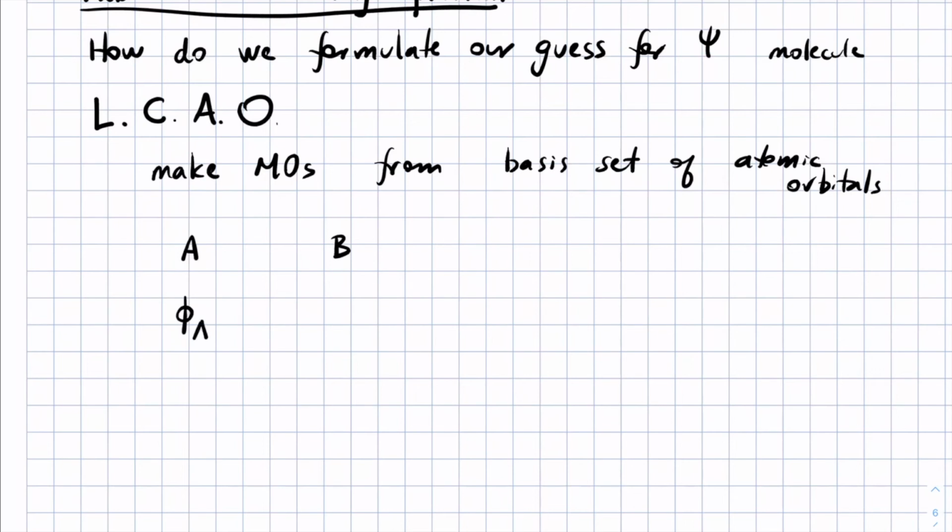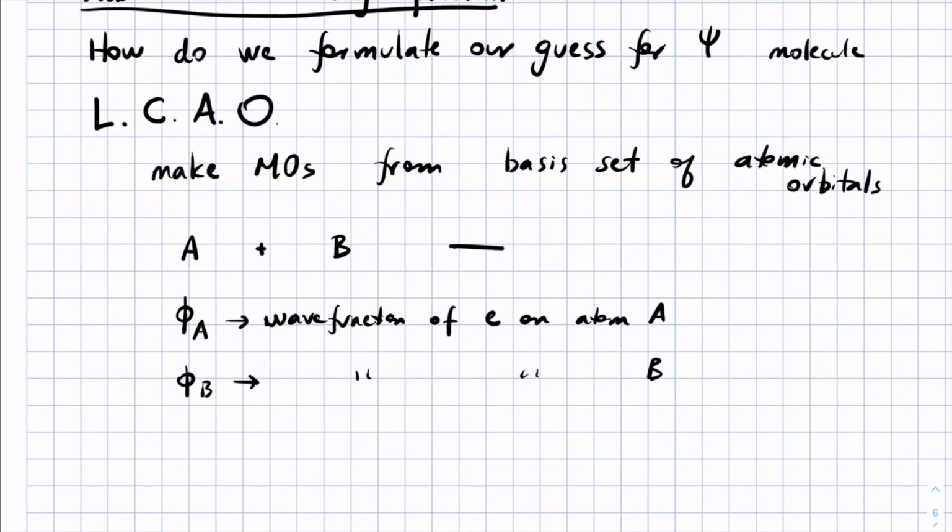So this Greek letter phi with the subscript A is going to represent the wave function of the electron on atom A. And then phi with the subscript B is going to be the wave function of the electron on atom B.